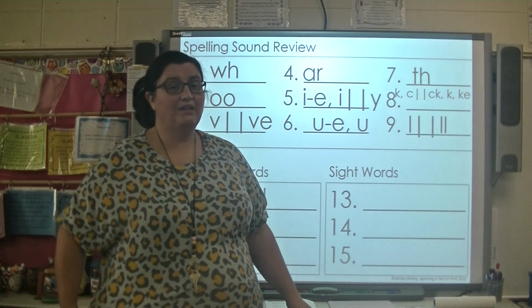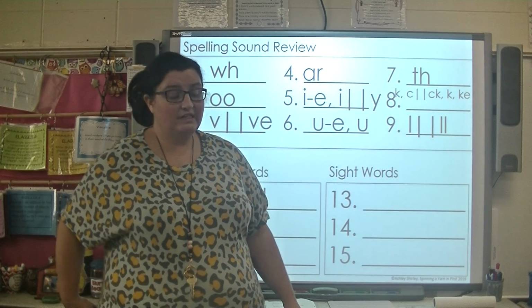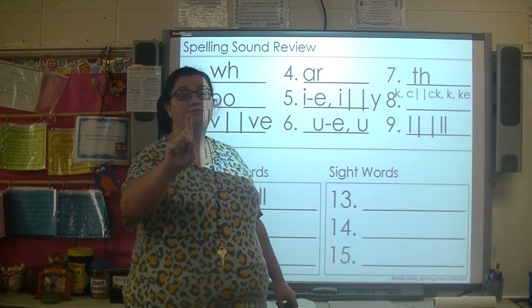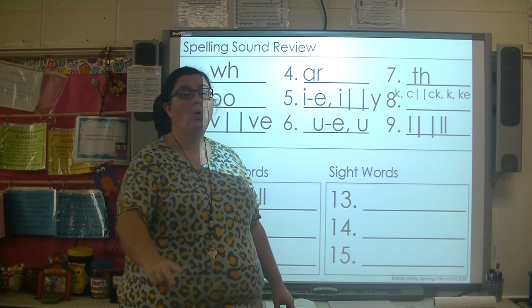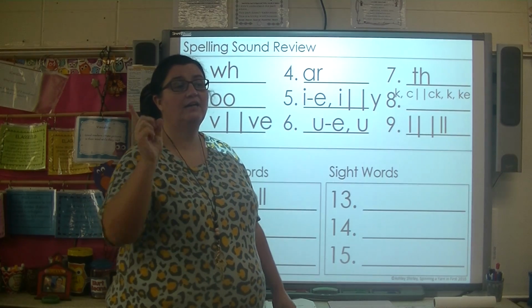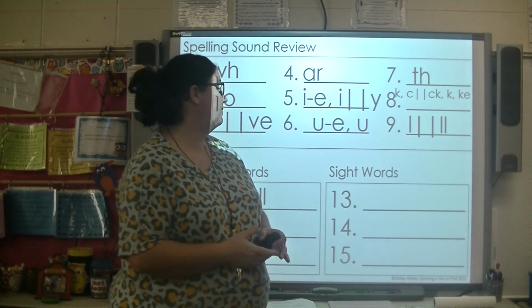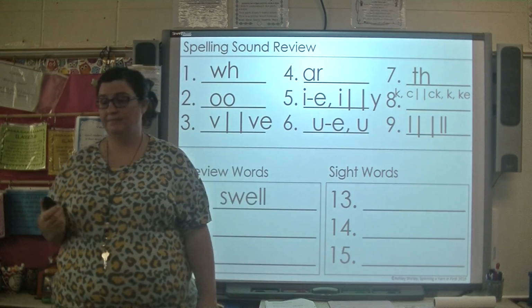Number 11. Spell the word fort. Fort. We will play in our fort in the backyard. Fort. Tell me the sounds you hear. Fort. Again. Fort. Spell fort on number 11.